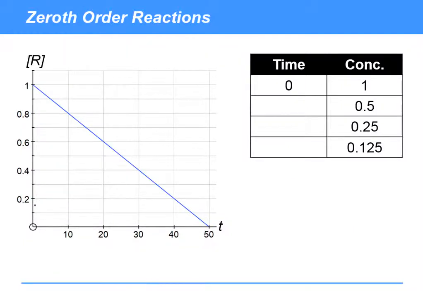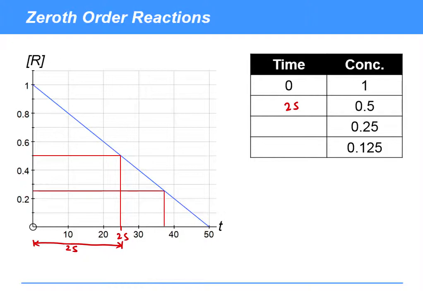Again, we do exactly the same thing. So first half-life down to 0.5, that's taking around about 25 seconds to happen. So that first half-life here, 25. The second one down to 0.25, it's around about 38 there perhaps. So that second half-life has only taken about 13 seconds. And then to go down again from 0.25 to 0.125, that's probably about 43.